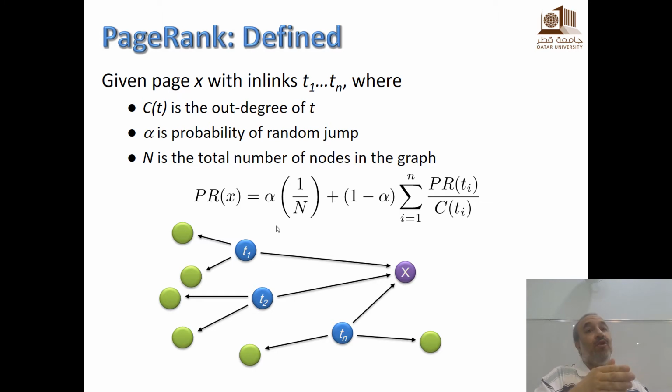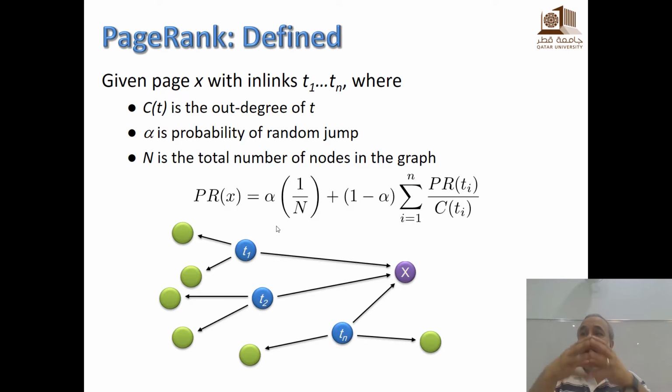At some point also we can jump to any random page. So let's say that I got bored of that page, I can just write the URL of a new page and start from there. Okay? The model here has a probability of alpha of doing that.